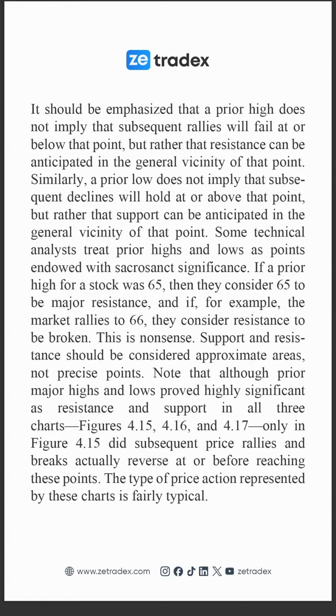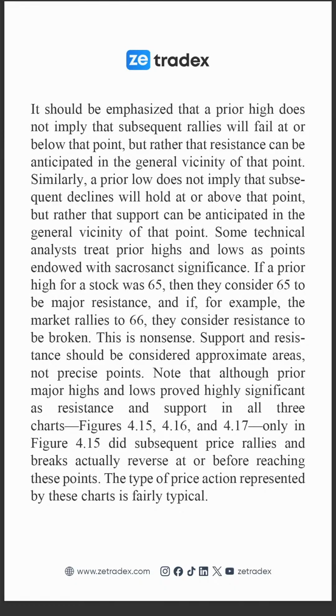Some technical analysts treat prior highs and lows as points endowed with sacrosanct significance. If a prior high for a stock was, let's say, 65, then they consider 65 to be the major resistance. But if the market rallies to about 66, they consider the resistance to be broken, and this will tell on the trade if it's a long-term trade.